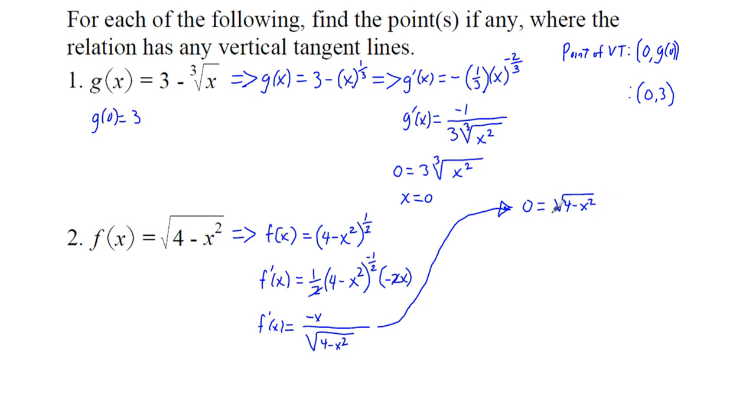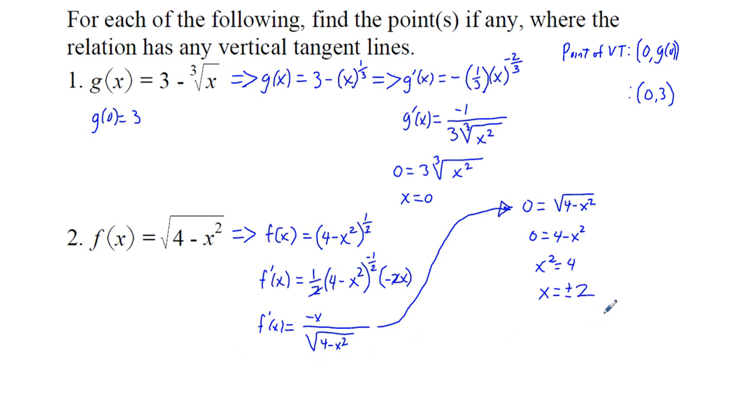If we solve, we can square both sides. We get 0 is equal to 4 minus x squared. x squared is equal to 4. And square rooting both sides, we have x is going to be equal to plus or minus the square root of 4, which is 2.